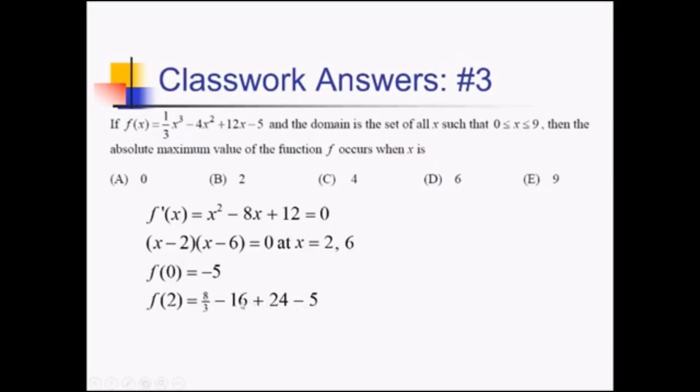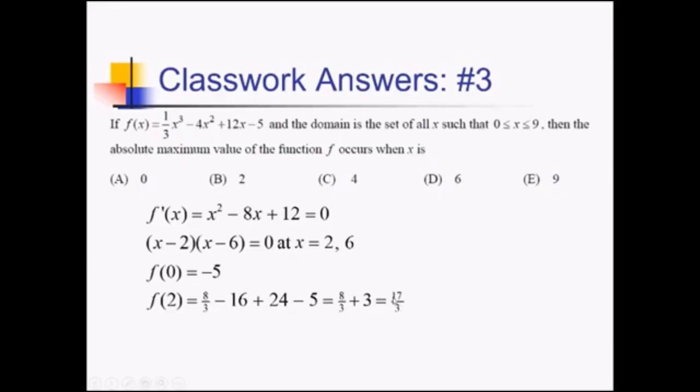Negative 16 and 24 is 8, minus 5 is a 3. So this is 8 thirds plus 3. So 8 thirds plus 9 thirds, which is 17 thirds. It's a positive number, so it's already winning because our only other option is a negative number. Let's move on and see if we have something that looks bigger than this.